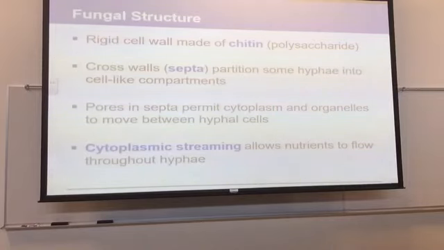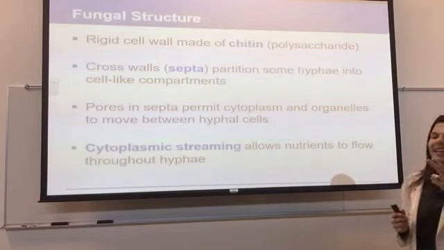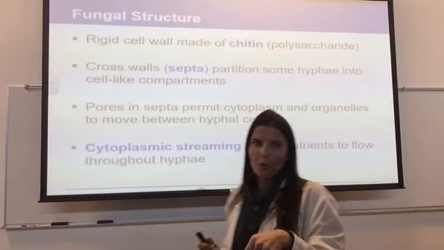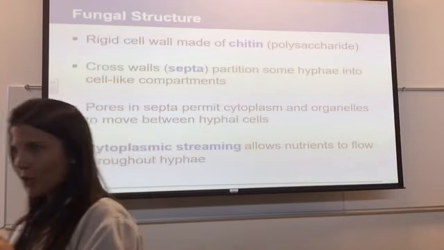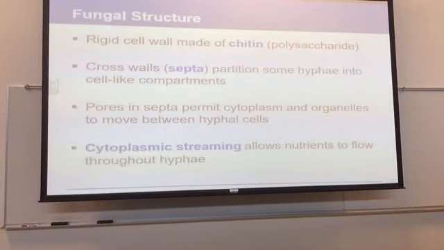And I said you will find this in fungi and in the exoskeletons of arthropods, like the things that go crunch: bugs, lobster, all of that. So chitin is the carbohydrate found in fungus. Cellulose is found in plants. So a lot of times when you're looking at a test question and it says we found this organism and that has chitin in the cell wall, that indicates to you immediately you're dealing with fungus.